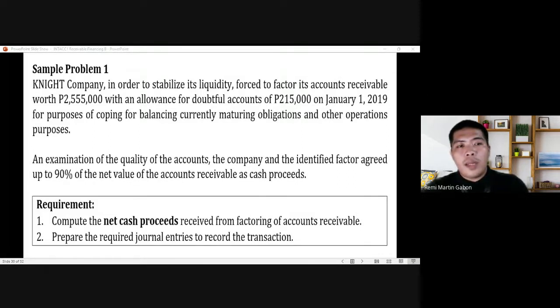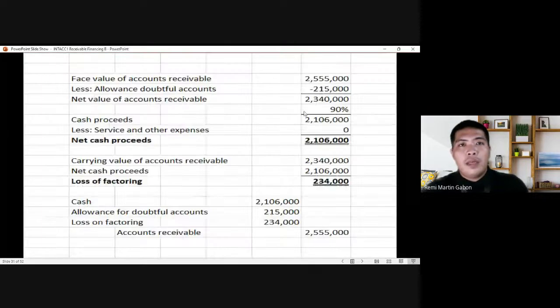So our requirement: net cash proceeds and journal entry. How do we solve this problem? We simply start with the face value of accounts receivable, 2,555,000. Then we less the allowance for doubtful accounts of 215,000. The net value of the accounts receivable is 2,340,000.